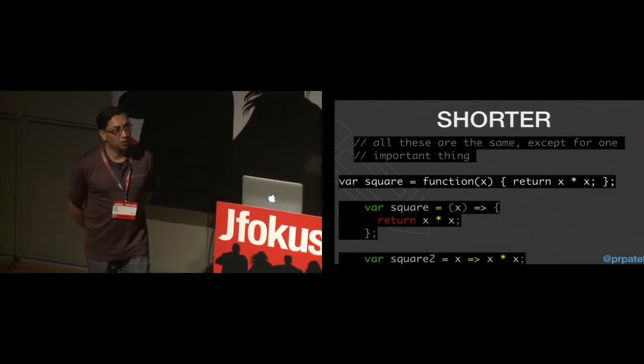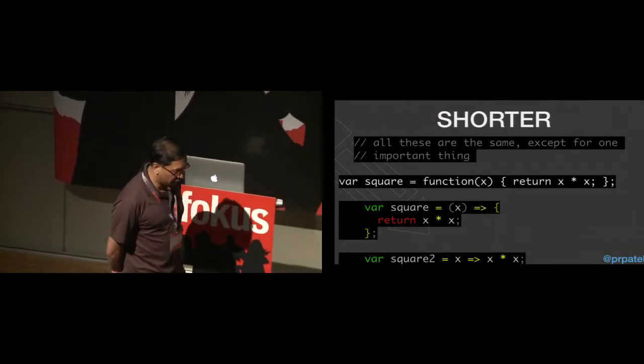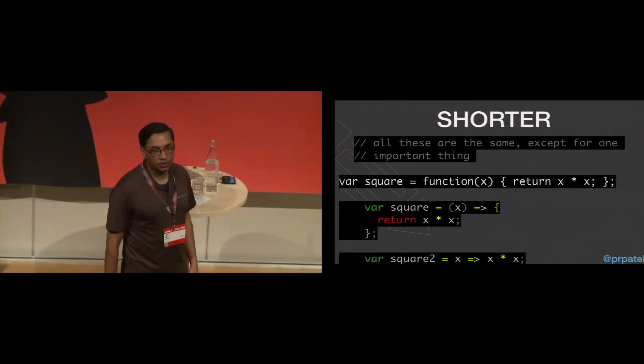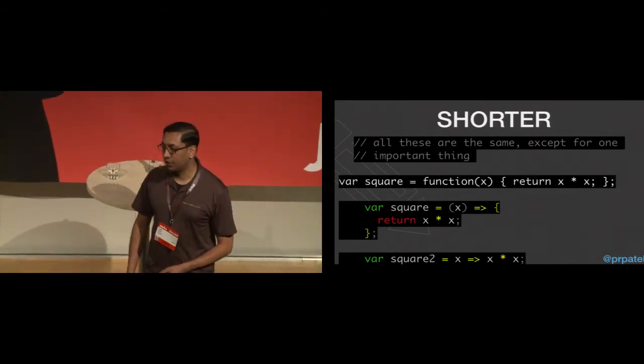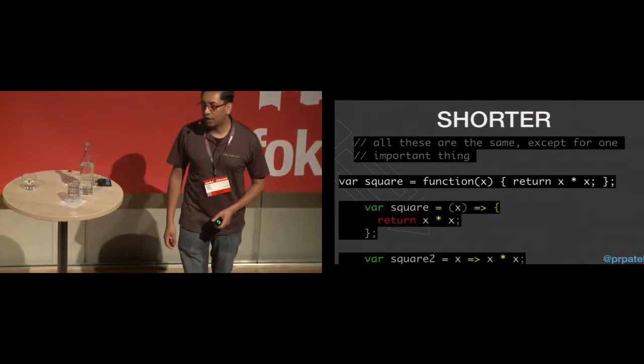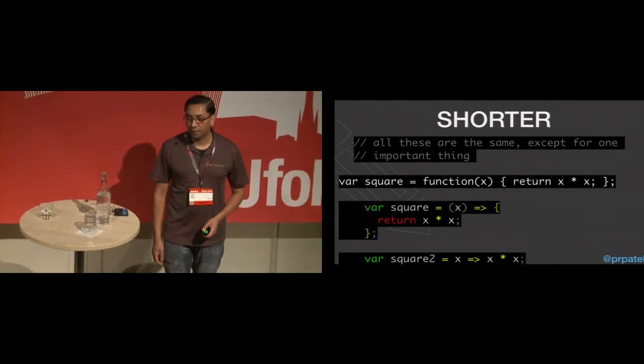So here's the same function written 3 times. The first one you guys probably can understand because it's standard ES5 function declaration. The second one, var square equals x, arrow, and then my function body.